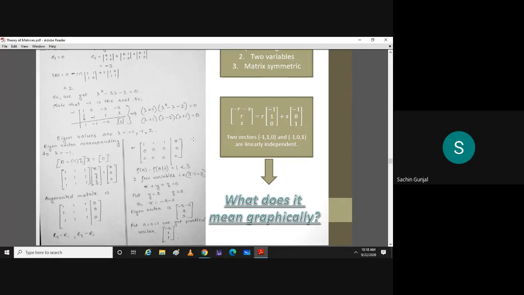I repeat, corresponding to one eigenvalue, there can be two, rather two linearly independent, eigenvectors. Note that this is not always true. This is not a general statement.